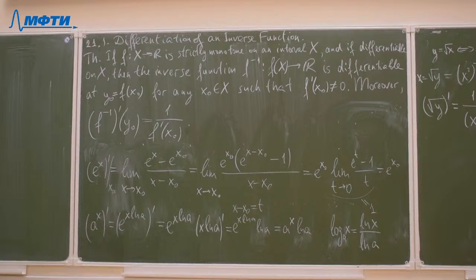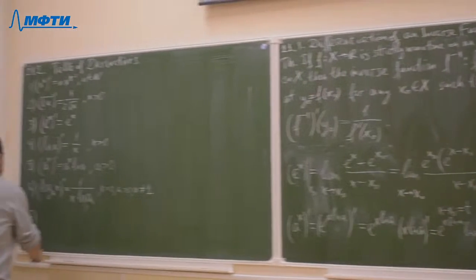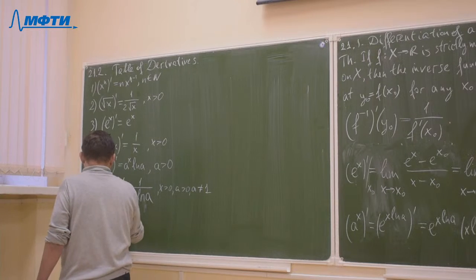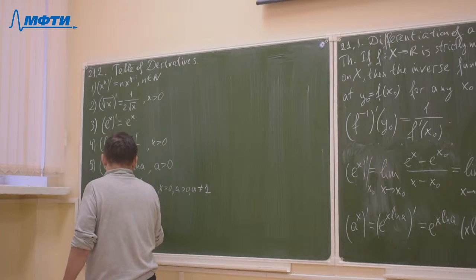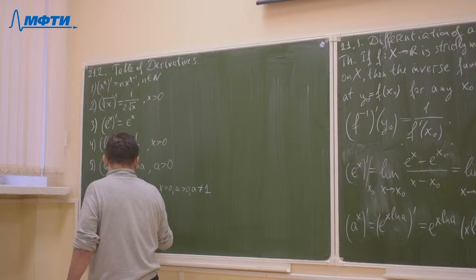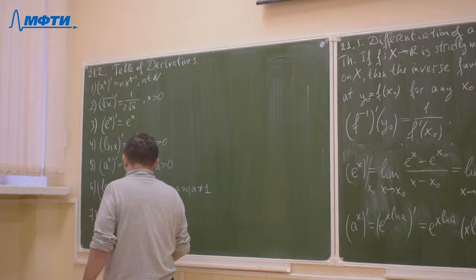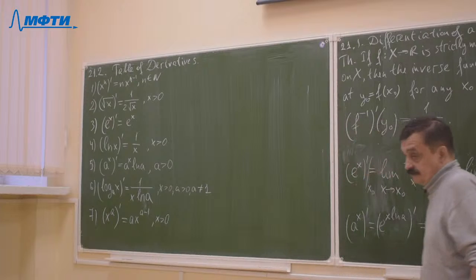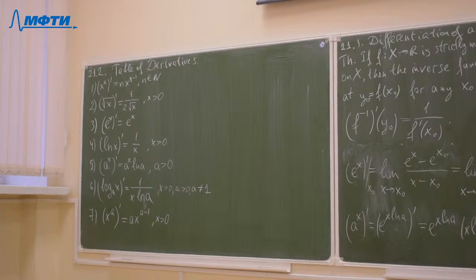Now we can generalize the first and second. The general power function has derivative a x to the power a minus 1. Here x is positive and a is now an arbitrary real number.